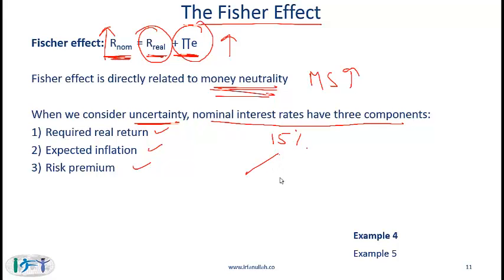This return has three components: the required real return, and let's say that number is 4%. There is an expected inflation. Let's say that we are in an environment where inflation numbers are relatively high. So let's say that inflation is 10%. This is actually expected inflation. And then 1% would be the risk premium.